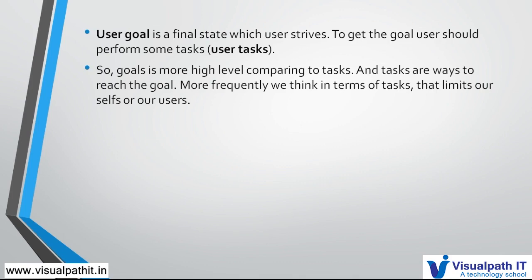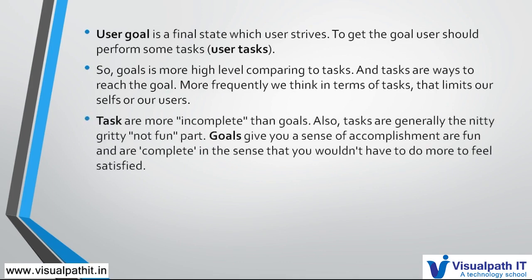More frequently we think in terms of tasks, which limits ourselves or our users. The other way I look at it is, goals are the things people imagine themselves completing and feeling good about. Tasks are the things that people did not think of having to do to complete the goal.